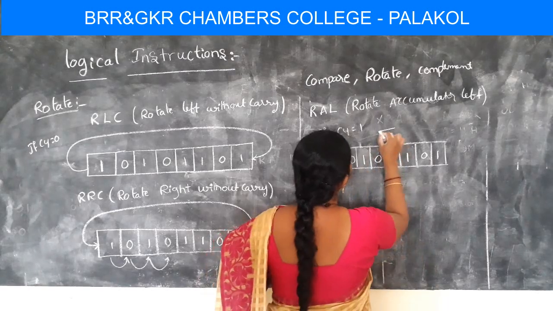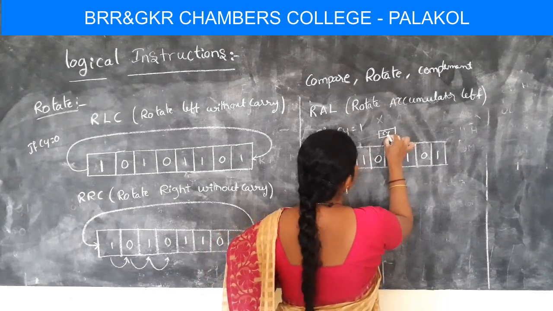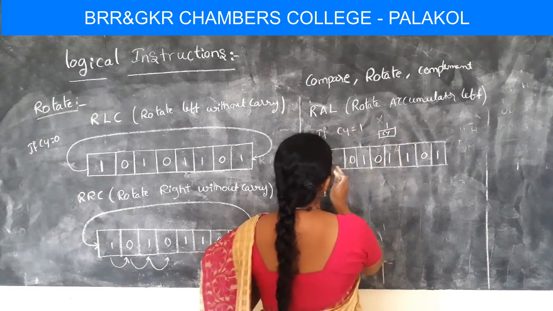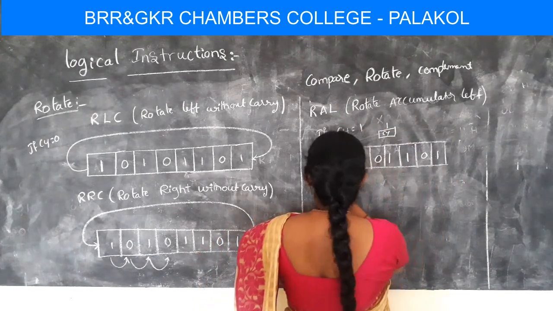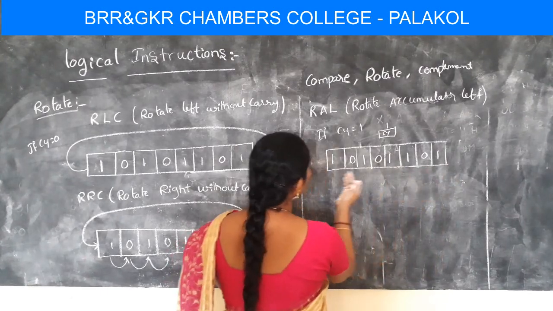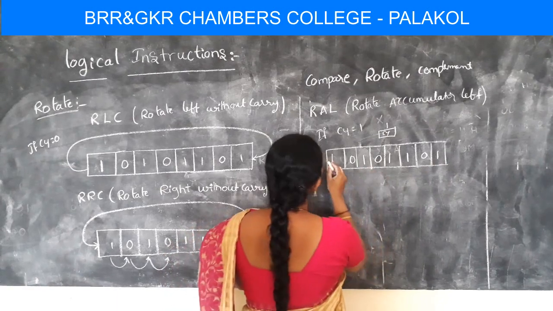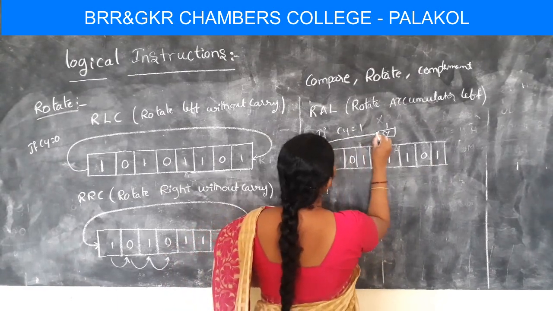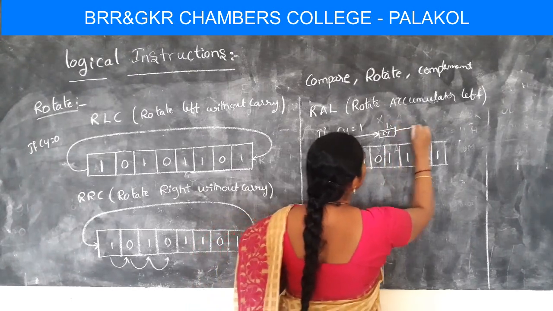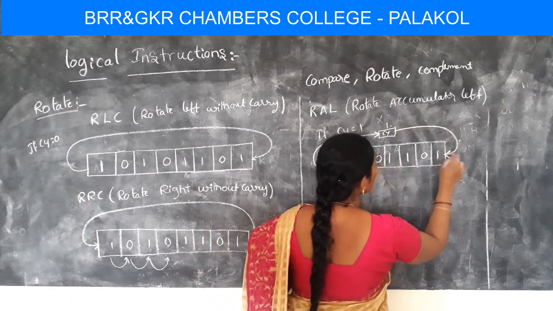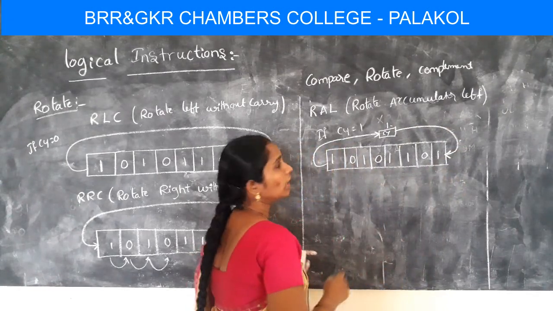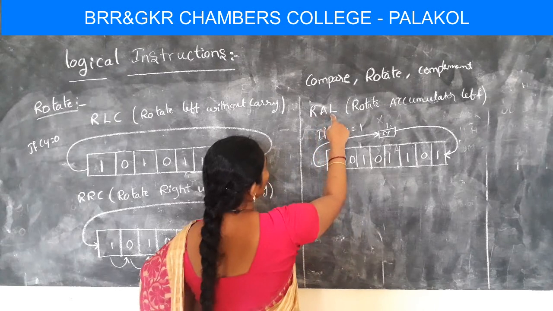Here we also consider a carry bit, and let the carry bit be 1. Whenever the bits move to the left side, the last bit goes to carry, and whatever the carry bit was is added at the end of the bits. That is the RAL.